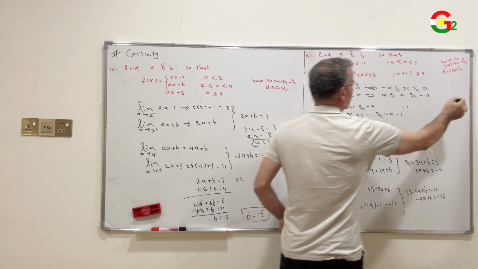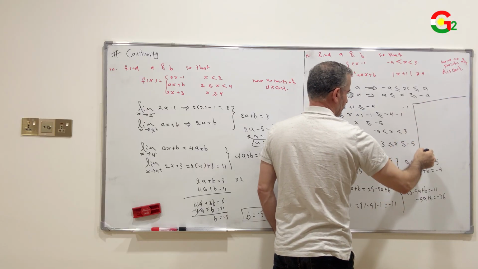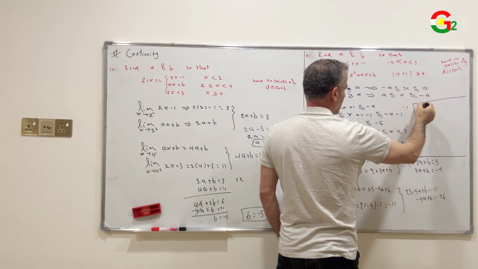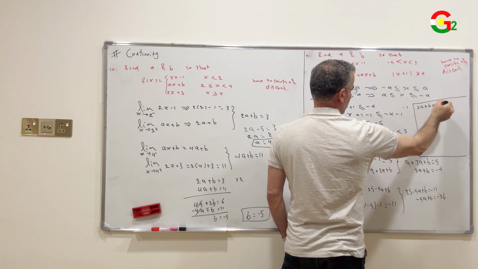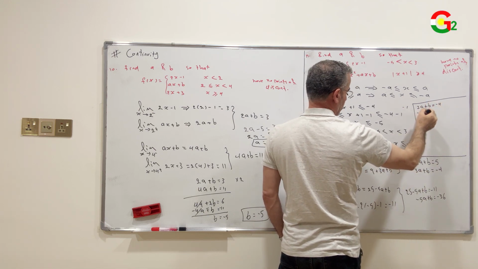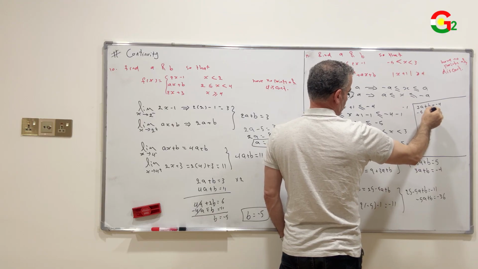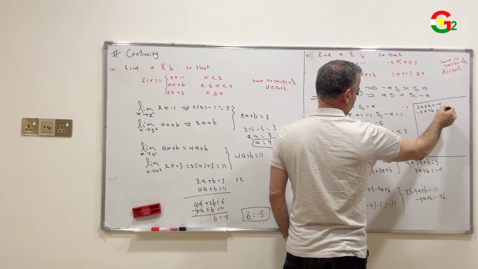Now, let me solve it here. 3a plus b equal negative 4 and negative 5a plus b equal to negative 36.